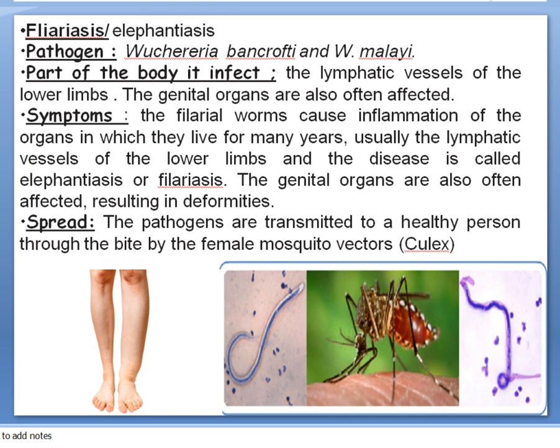The deformities make the shape shapeless. That is the symptom. How does the disease spread from person to person? It is spread through the bite of the female Culex mosquito. It is the vector which helps in spreading this disease. That is about filariasis.